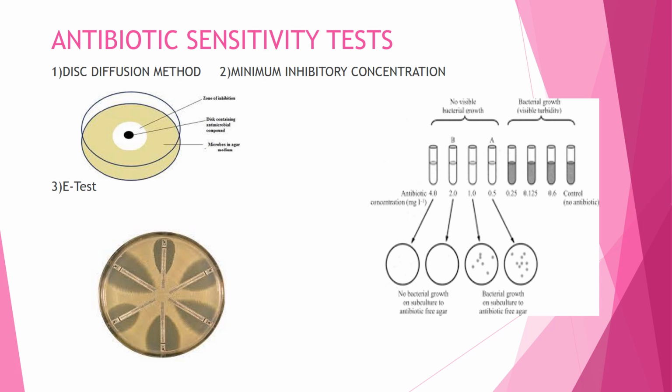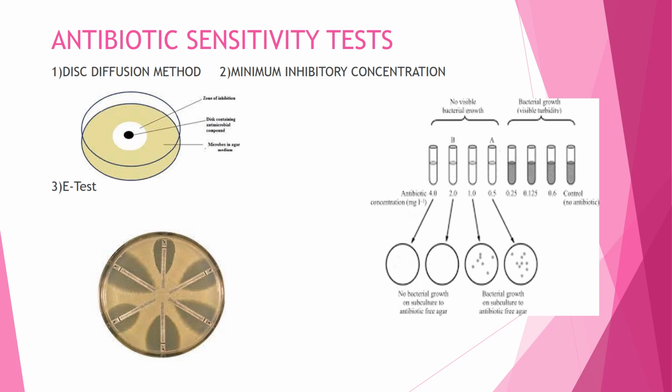Then after incubation we can observe the minimum inhibitory concentration, meaning the concentration of antibiotic that inhibits the growth of the organism. As we see in the picture, at 1.0 and 0.5 there is microbial growth, but at 4.0 and 2.0 there is no microbial growth, so that is the minimum inhibitory concentration for the organism.